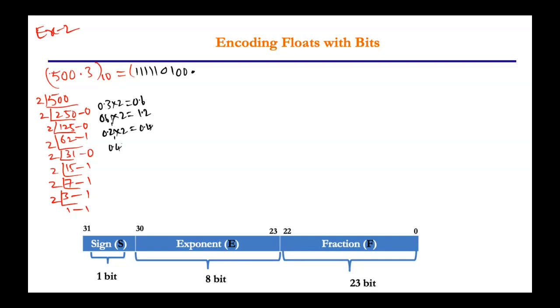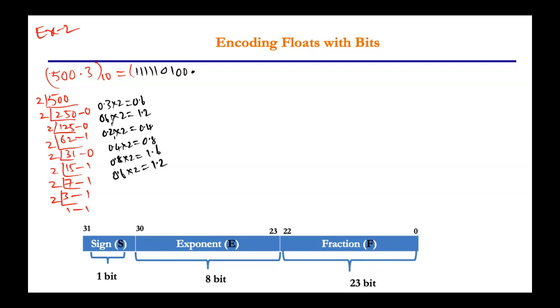Then 0.4 multiplied by 2 gives 0.8. Then 0.8 multiplied by 2 gives 1.6. Now 0.6, the fractional part, multiplied by 2 gives 1.2.